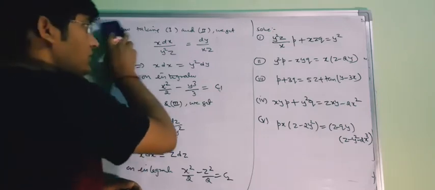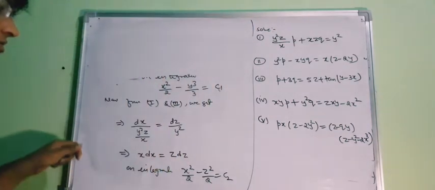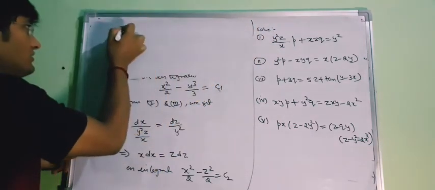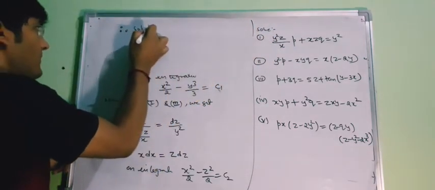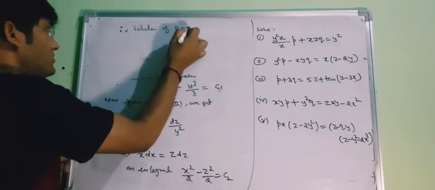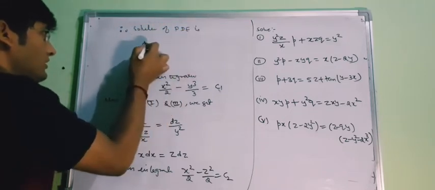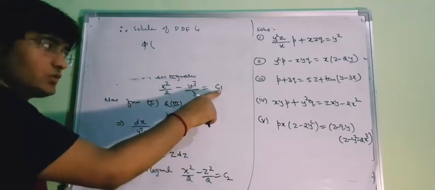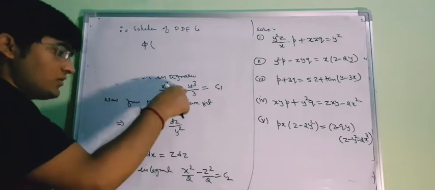So our complete solution of equation number 1, that means the solution of the partial differential equation is phi. Say this c1 is your function u, because it is in terms of x, y and z.